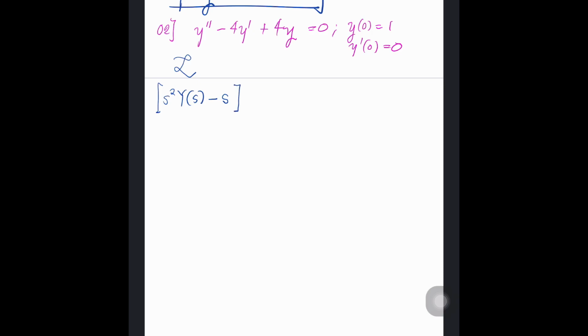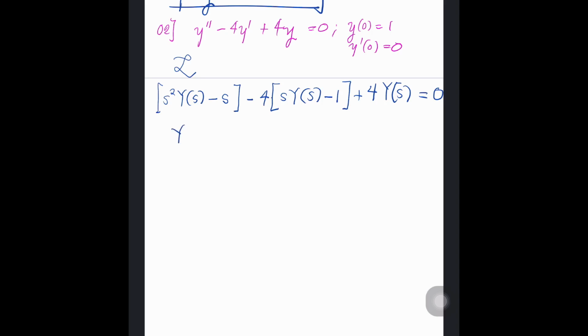So that is y double prime, minus 4y prime. What is the Laplace of y prime? s y of s minus y of 0, which is 1. So minus 1, plus 4. What is Laplace of y? So it becomes 4 y of s equals to 0.